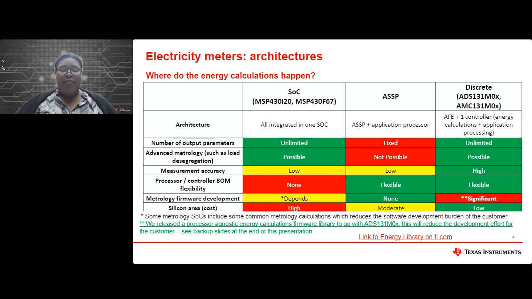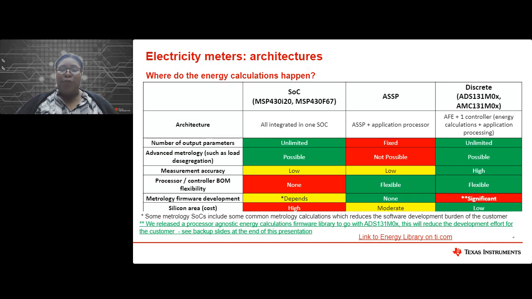So it does all of the calculations as well as metrology all in one package. We then have ASSP, which has fixed parameters. It doesn't have options for advanced metrology, but it does provide a little bit of flexibility with additional components.